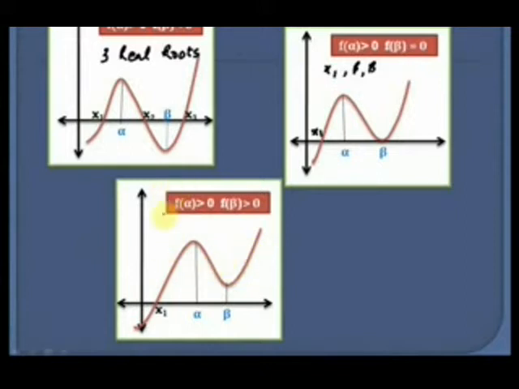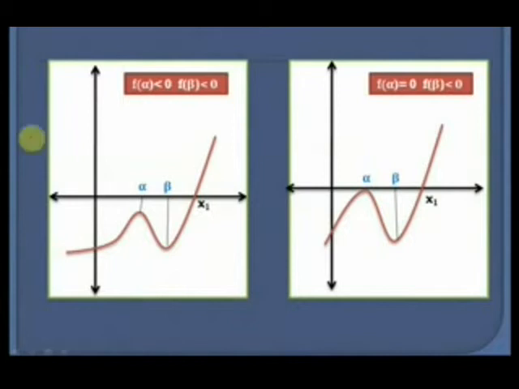Now we see that x1 is the one real root, and two imaginary roots. The next case is f(alpha) is less than 0 and f(beta) is also less than 0. So again we see that there is one real root and two imaginary roots.